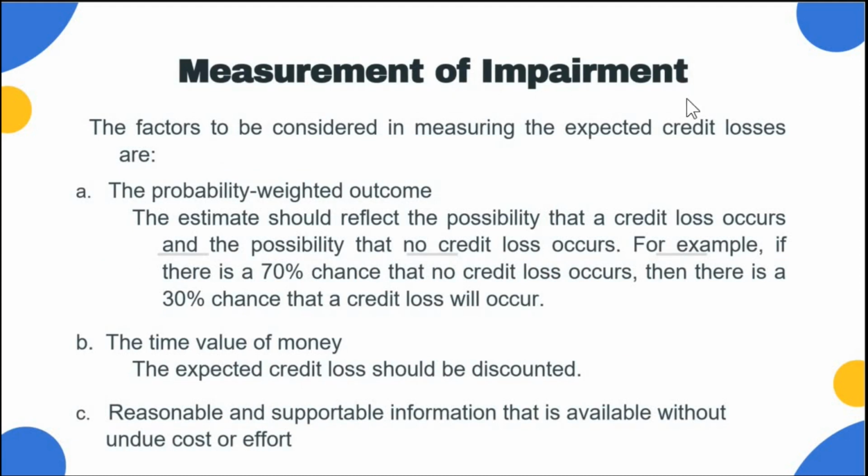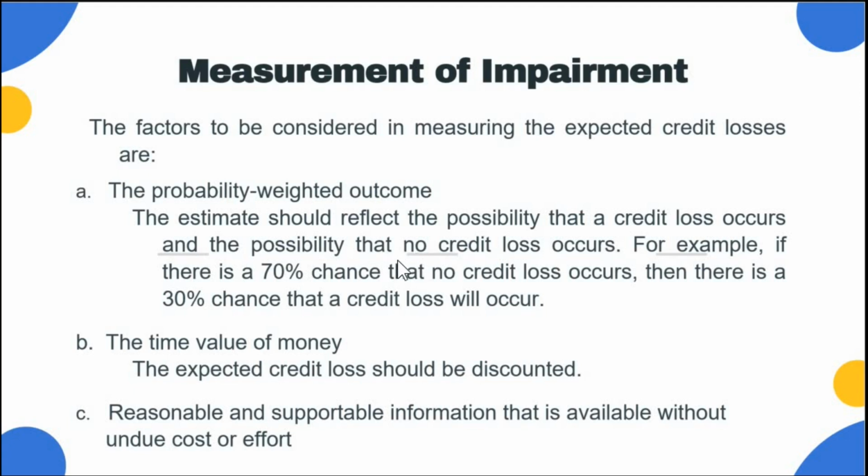Now, how do we measure impairment? These are the factors to be considered in measuring the expected credit losses. First, the probability or the weighted outcome. The estimate should reflect the possibility that a credit loss occurs and the possibility that no credit loss occurs.